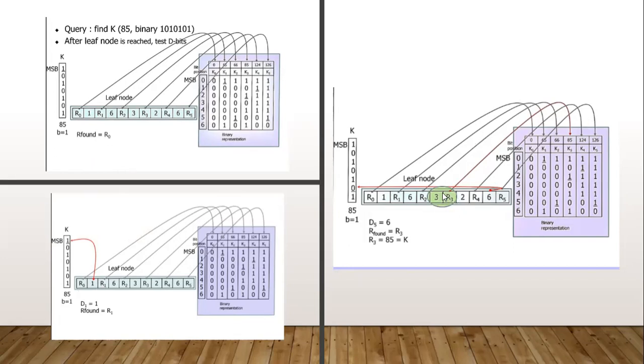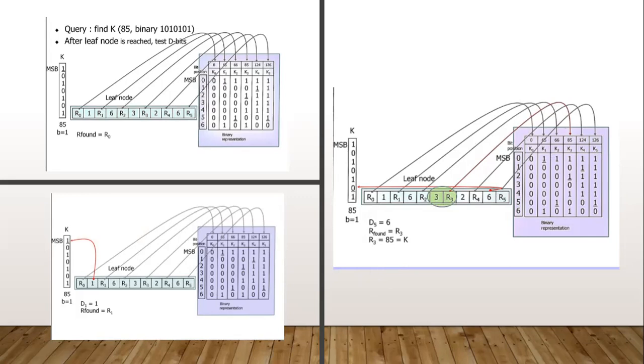Then after D3 and the R3 value, we will put the bit equal to 1. So 126 is put in 6, R4 is put in 124, and R3 is put in about 85. So D5 is equal to 6, Rfound is equal to R3, R3 is equal to 85, and K is equal to 85.